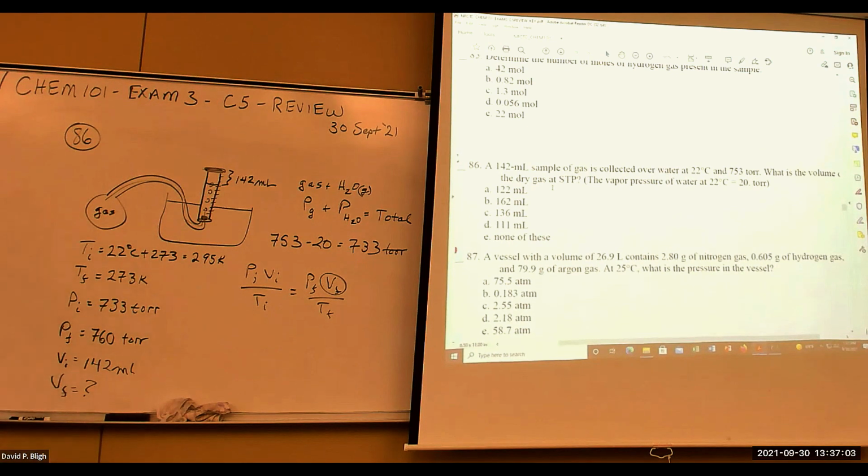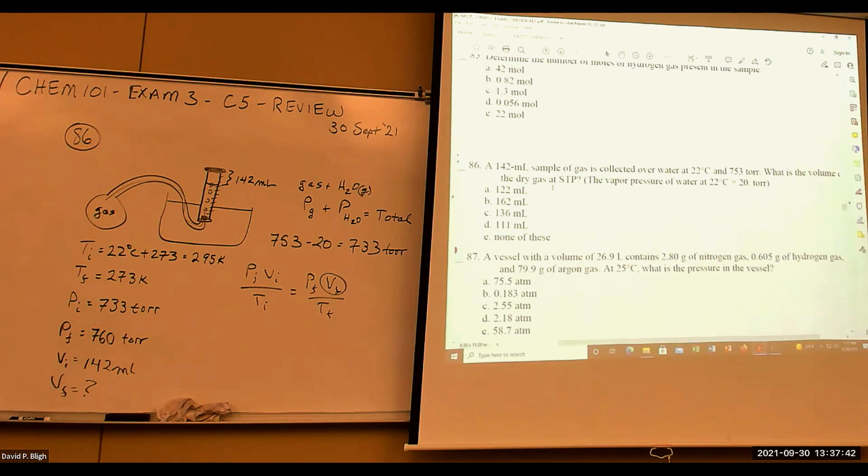That should give us a choice, I don't know, that looks like a C, but it's probably E. Initial pressure, 733. Initial volume, 142. The initial temperature is 295, we divide by that, and times the final temperature, 273, and then divided by the final pressure, 760.